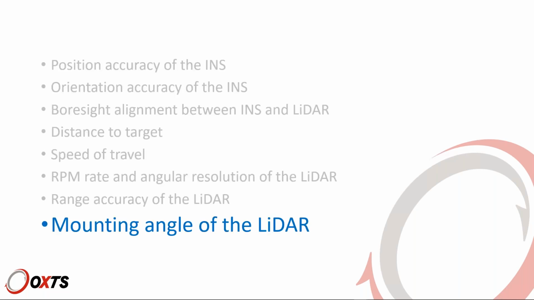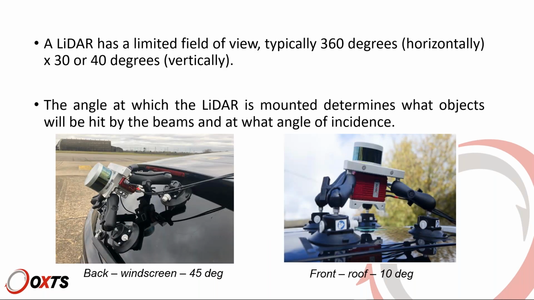Okay, finally, the mounting angle of the LiDAR. So a LiDAR will have a limited field of view that is typically 360 degrees horizontally by 30 or 40 degrees vertically. The way you mount the LiDAR will determine what it can see, basically.